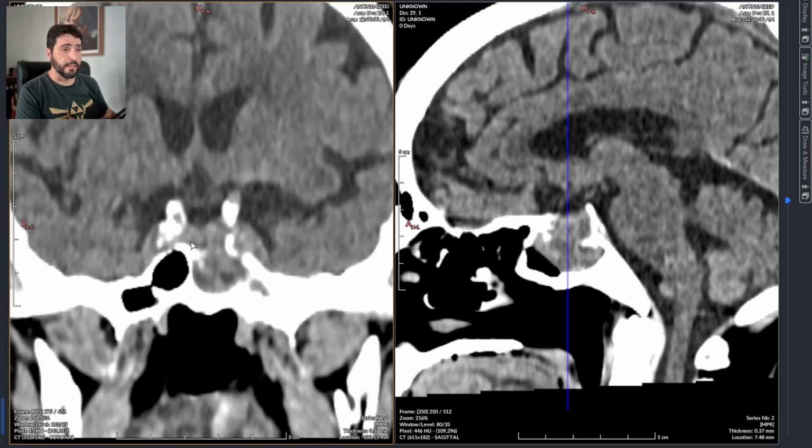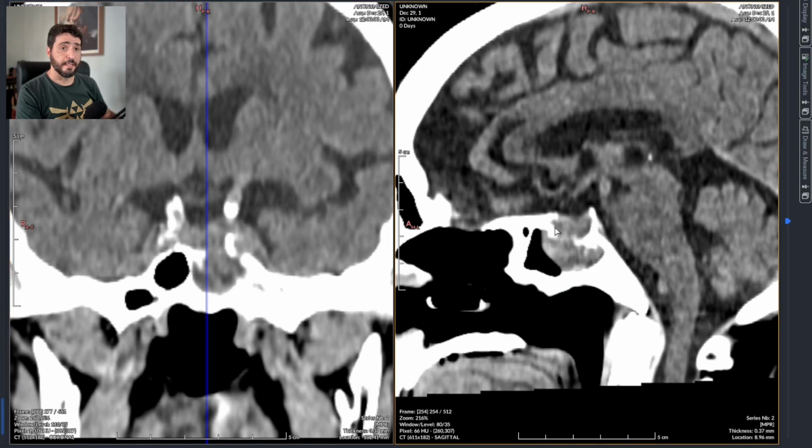So we can have a lesion that originates from the sella and goes down into the sphenoid sinus, or we may have a chronic lesion of the sphenoid paranasal sinus that erodes the floor of the sella and goes upwards into the brain cavity, taking over the hypophysis gland.